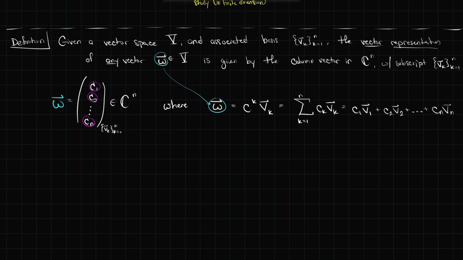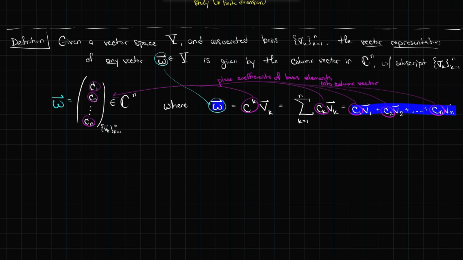So in other words, I take w, I take the linear combination of the basis elements that gives me w, and I extract those coefficients. I extract all of the coefficients, and I place them into a column vector. Place the coefficients of basis elements into column vector.